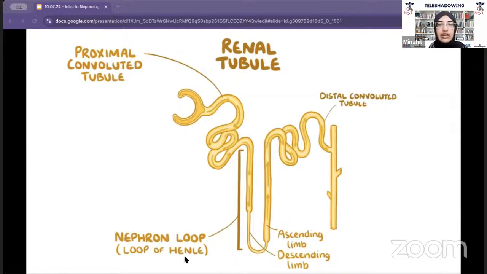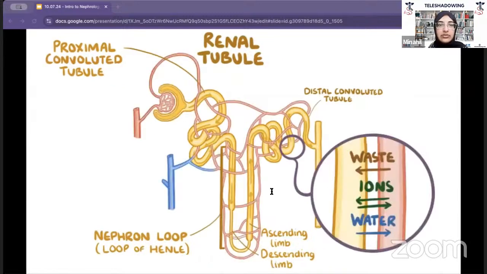Here, the water and ions are reabsorbed to create a balanced concentration of urine based on the body's needs. In the distal convoluted tubule, the body fine-tunes the level of ions, meaning sodium, potassium, and calcium, based on hormonal signals from aldosterone and the antidiuretic hormone, or ADH. The collecting duct is the final stage of the nephron where the urine concentration is finalized.